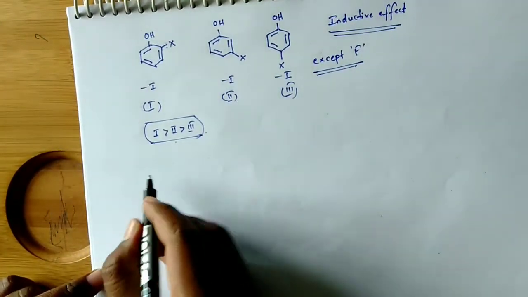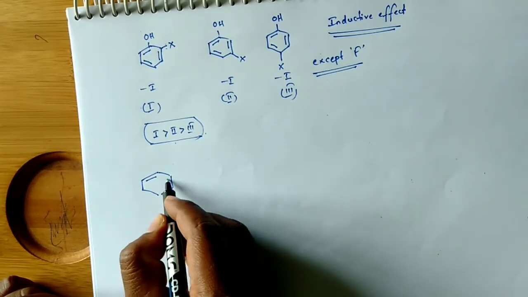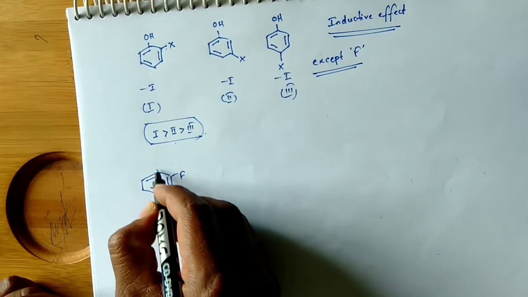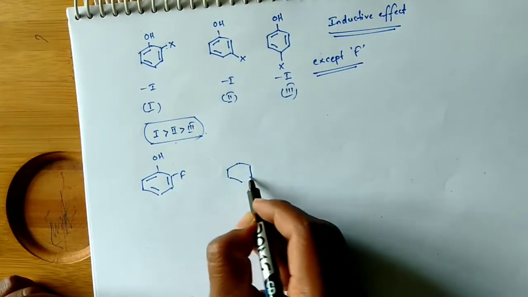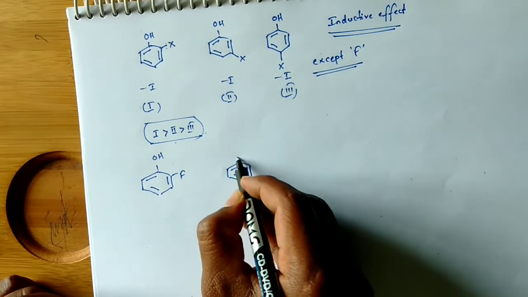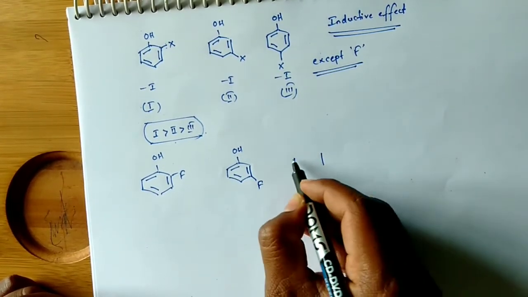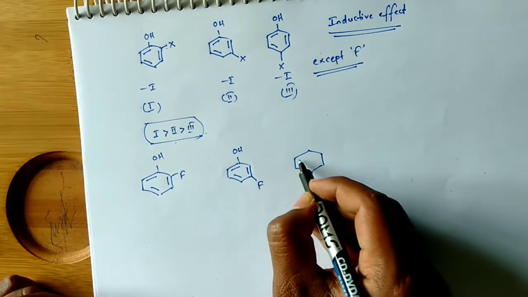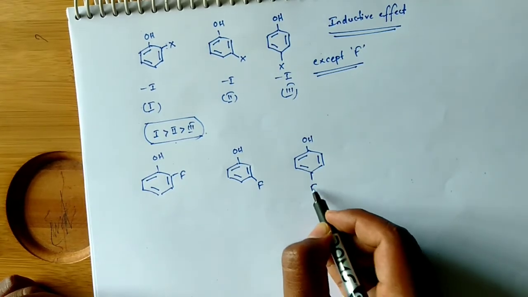If fluorine is present at the ortho position, meta position and para position, how does the acidic strength vary? Here, at meta, and at para.